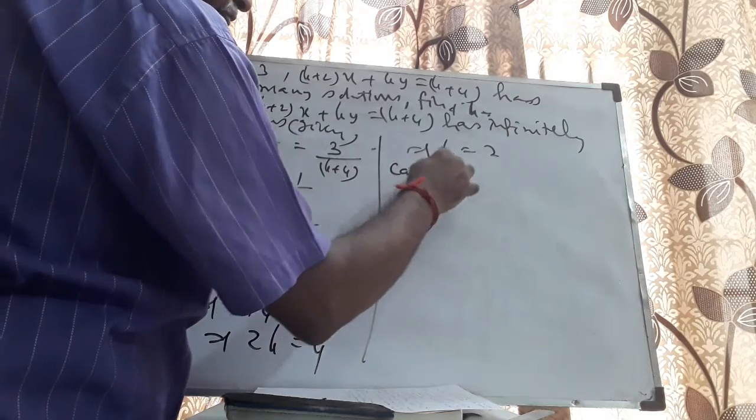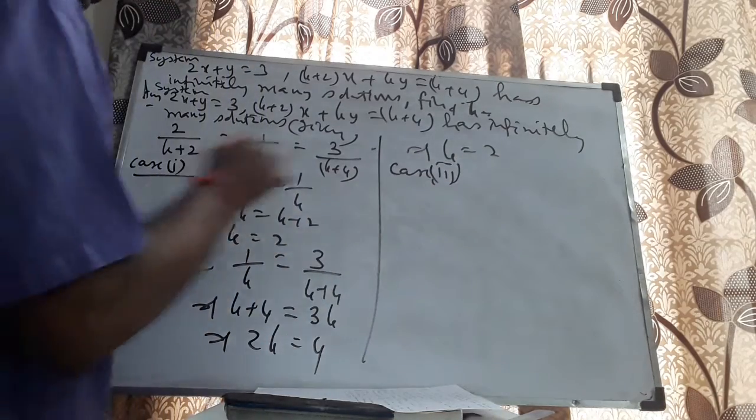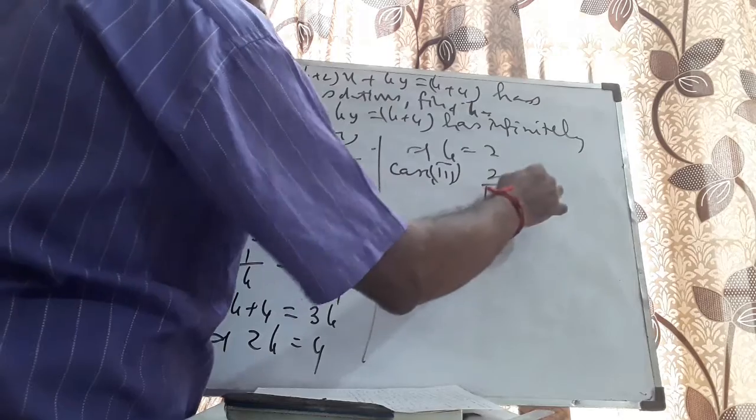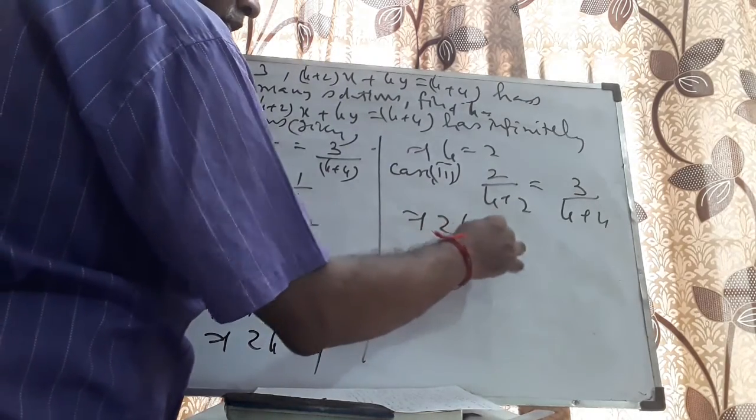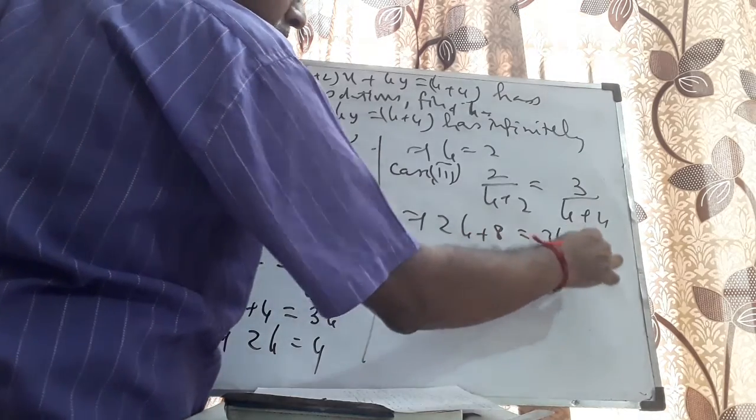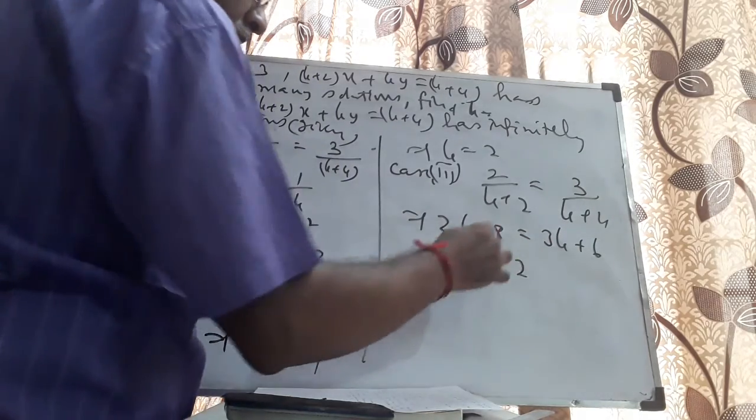Then case 3: 2 by k plus 2 is equal to 3 by k plus 4, which implies 2k plus 8 is equal to 3k plus 6, which implies k is equal to 2.